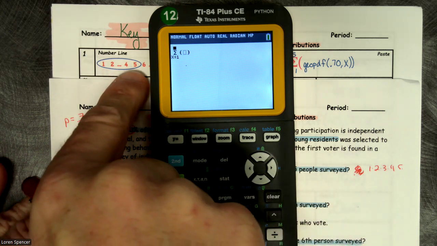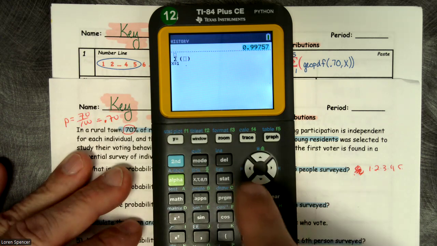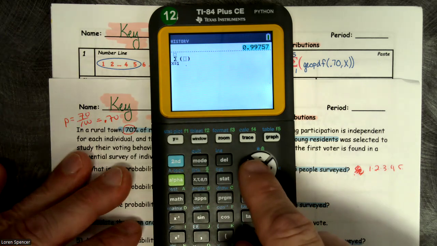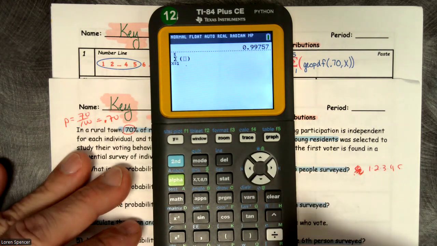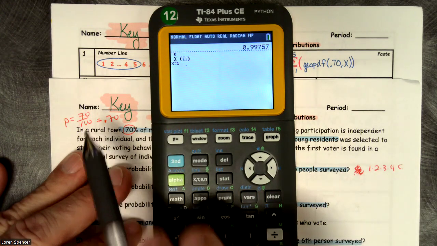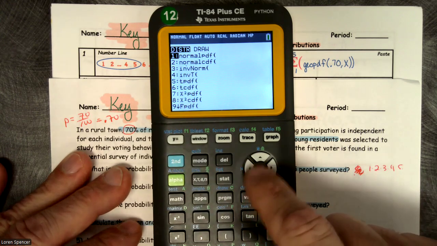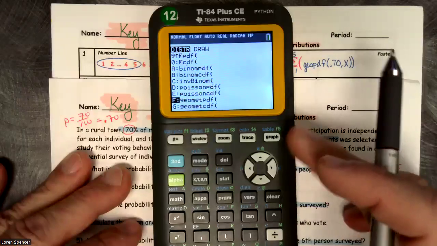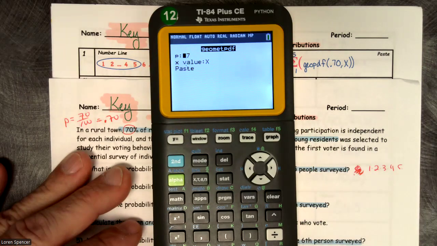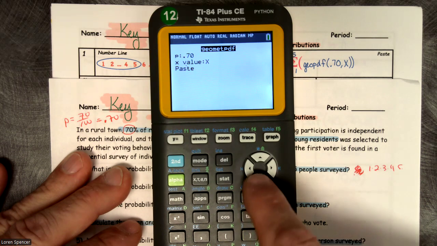Arrow up, and our last number we circled was 5. Arrow over. Now, I said it was a geometric, so second var's geometric, and it's a PDF. Press enter. Our probability was 70 divided by 100, or 0.70.